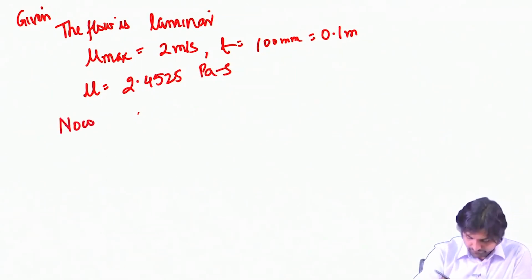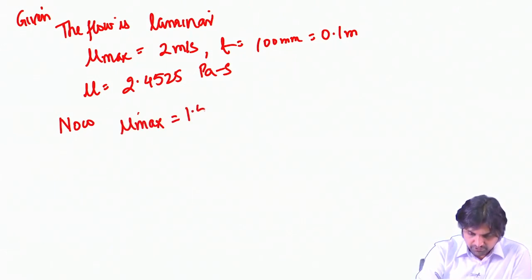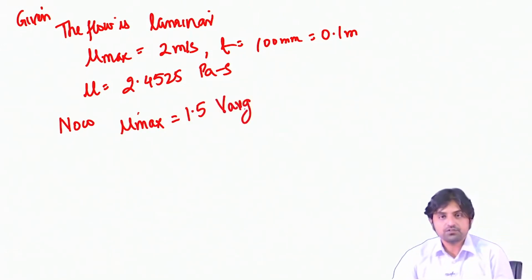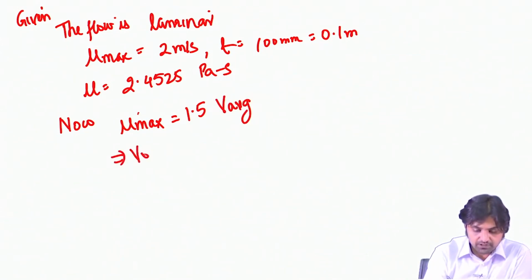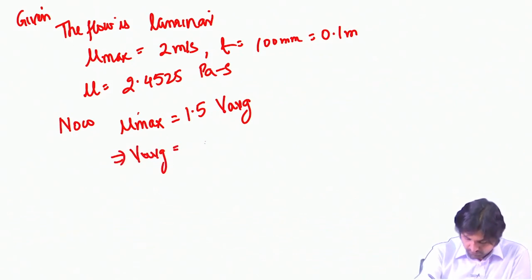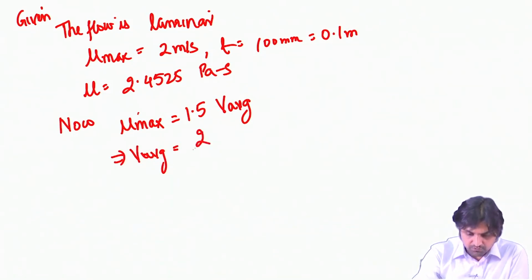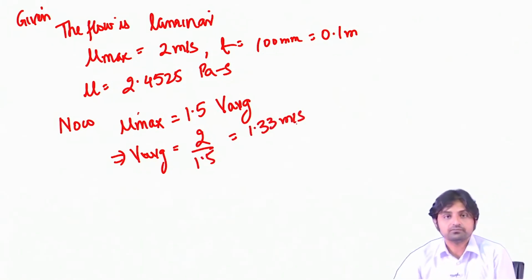Now, u max is 1.5 V average, which we have found out, implies V average is going to be 2 divided by 1.5, that is 1.33 meters per second.